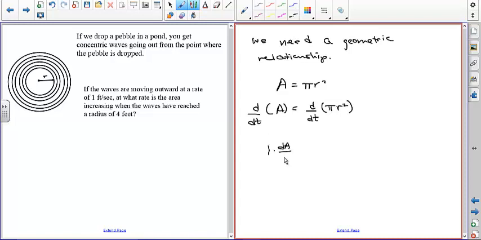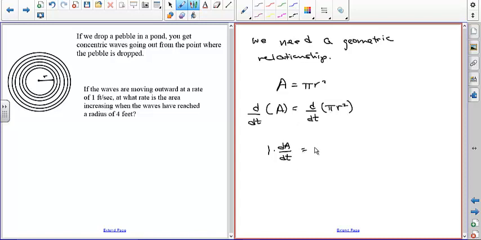Now in this section, we usually don't use the prime, because prime typically means the derivative with respect to x. If I put a prime, is that the derivative of A with respect to x or r or t? So we're going to use the other form of the derivative, the ratio dA over dt.